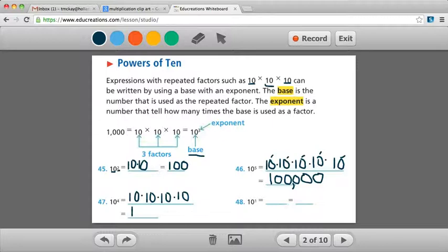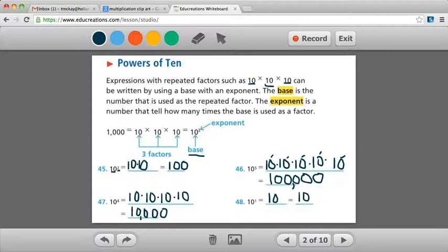And that we shift 4 times to the left because there's 4 zeros. So 1, 2, 3, 4. We end up with 10,000. Here we have 10 to the first power, so you just have 10. And there's only 1 because it's only to the first power, so 10 is equal to 10.